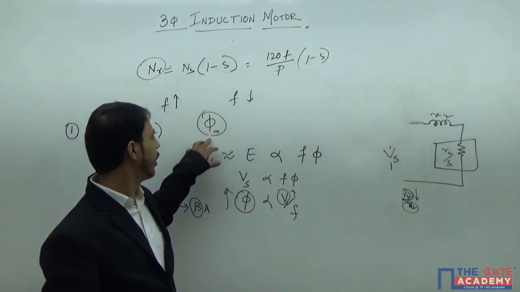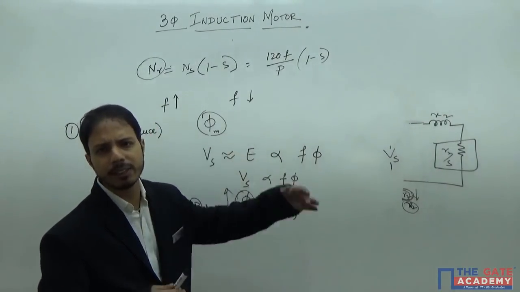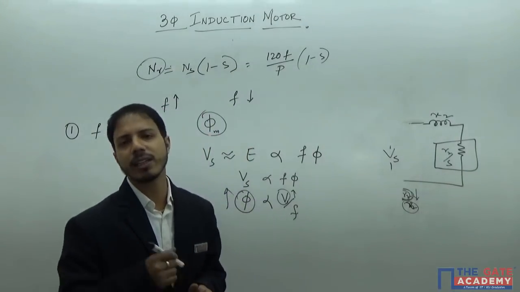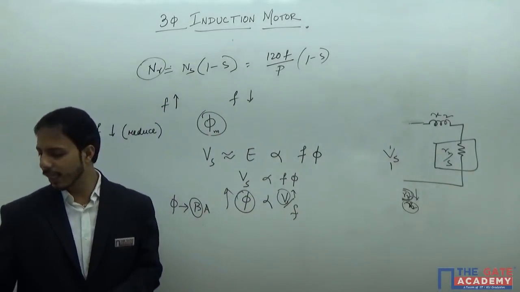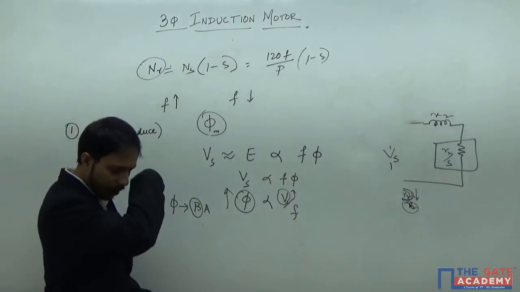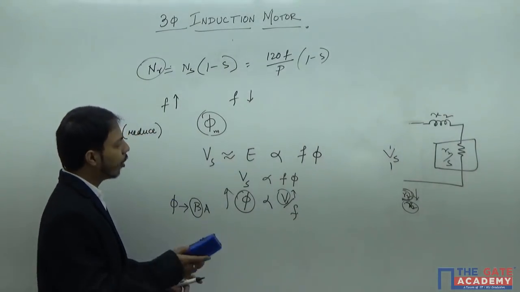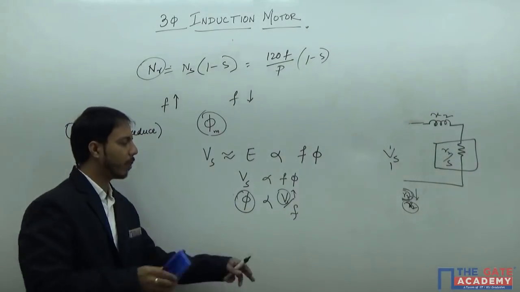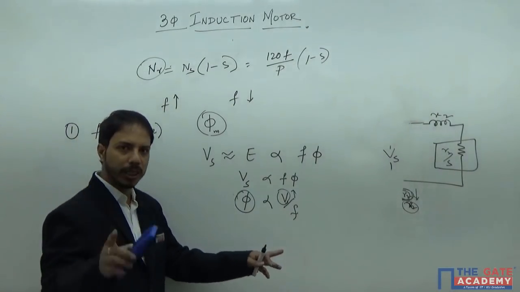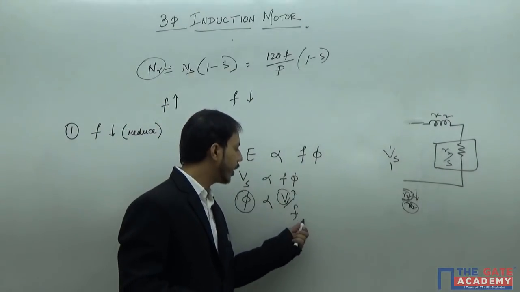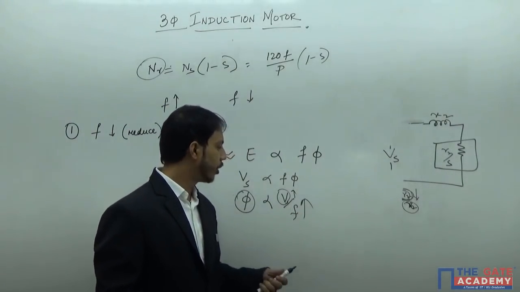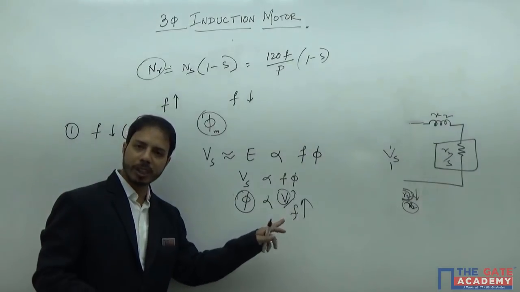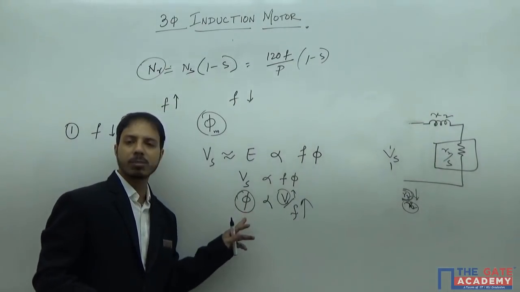If flux increases more than this, it enters the saturation region, and then I will have more losses. So I should not increase my voltage while keeping frequency constant. If I need to increase my voltage, I have to increase my frequency such that the flux remains constant.